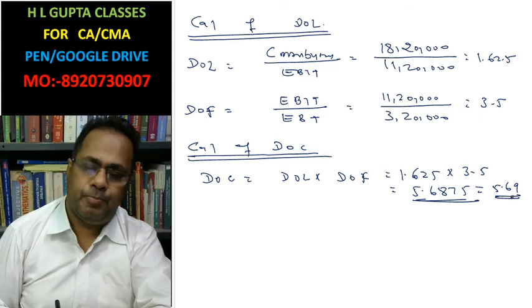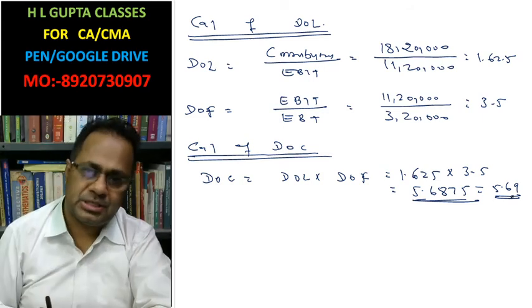Now, degree of combined leverage 5.69 means what?